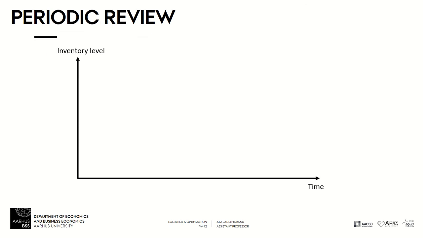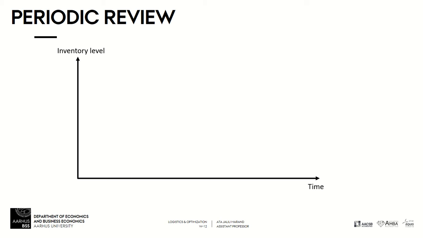The other system is called periodic review system, and it is a bit different. What are the differences? In the periodic review system, we will review the inventory at certain points of time, not continuously. In the previous case, if you remember, we continuously reviewed the system to get to know exactly when it will reach our ROP, and at that exact moment of time we made a new order.